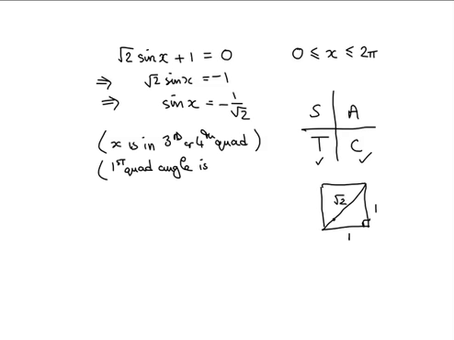And remember, this angle of pi upon 2 radians, 90 degrees, half of pi upon 2 is pi upon 4. Sine of pi upon 4 is 1 upon root 2. So pi upon 4 is the first quadrant angle.